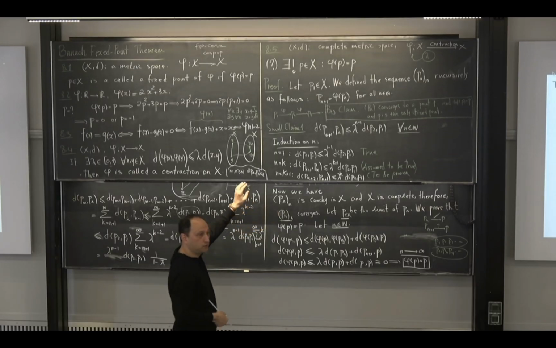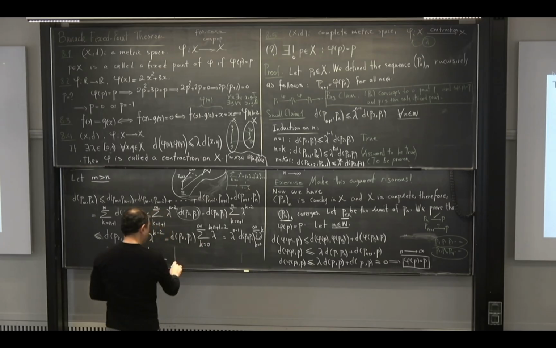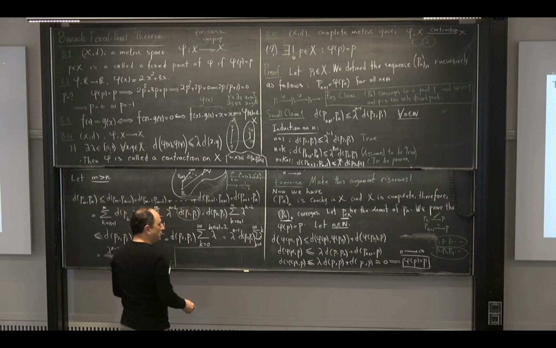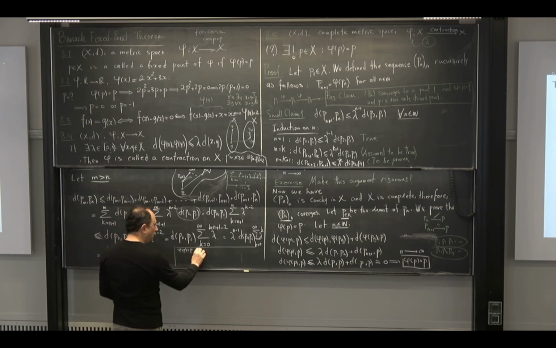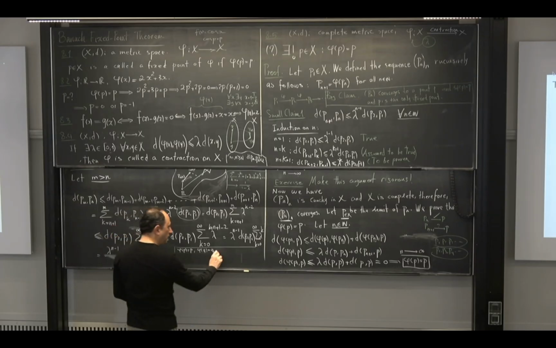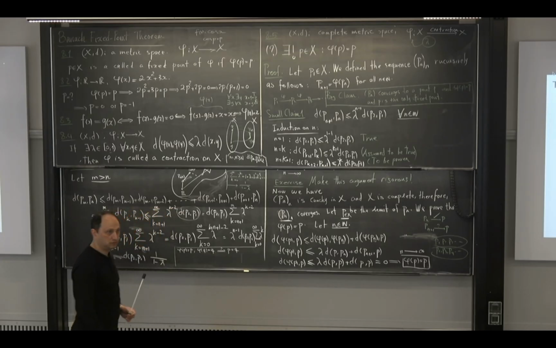So how can we prove that it is unique? Let me write it here. If I want to prove that this is unique, what does it mean? It means that if phi of P is P and phi of Q is Q, if I have more than one, then I want to prove that P is Q. By the experience you got now, how should I prove that P and Q are the same?